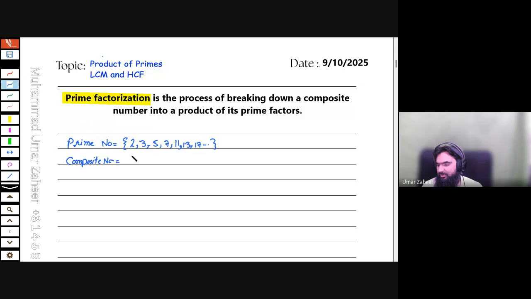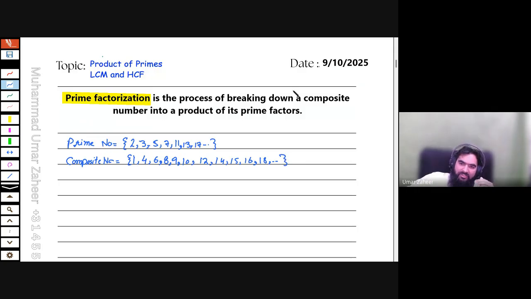So the composite numbers: 2 and 3 are prime numbers, so 4 is a composite number. 5 is a prime number, so 6 is a composite number. 7 is a prime number, so 8, 9, and 10 are composite numbers. 11 is a prime number, 12 is a composite number, then 14, 15, 16, 17 is a prime number, 18, and so on.